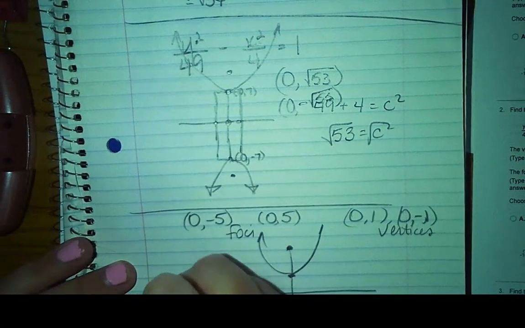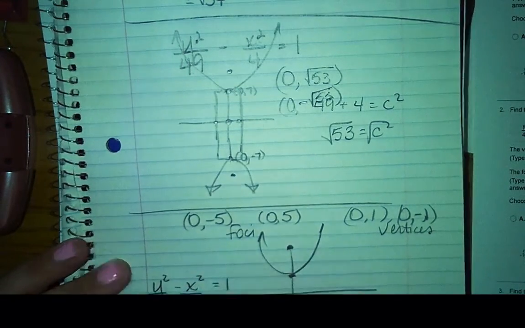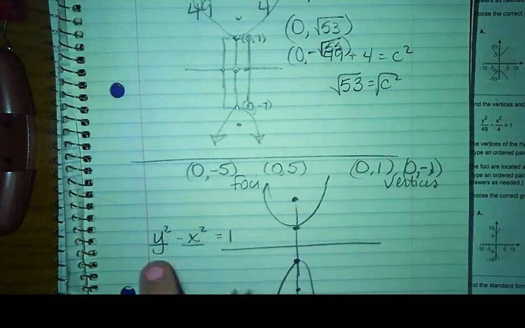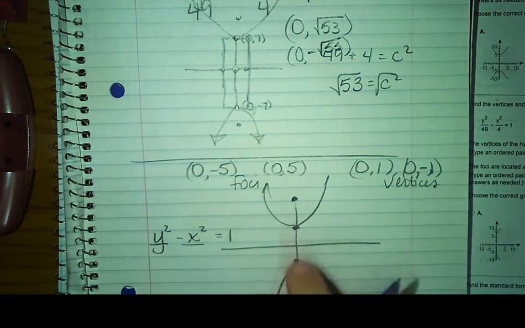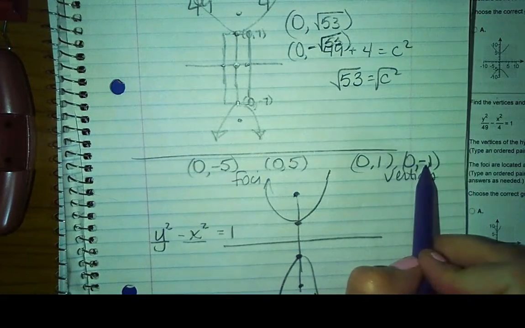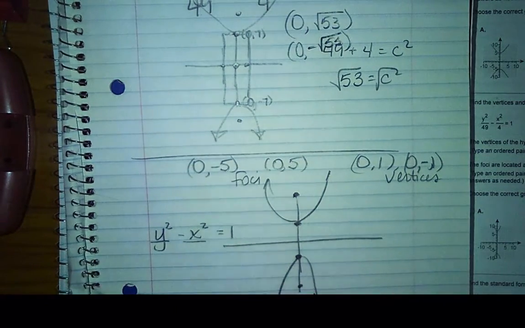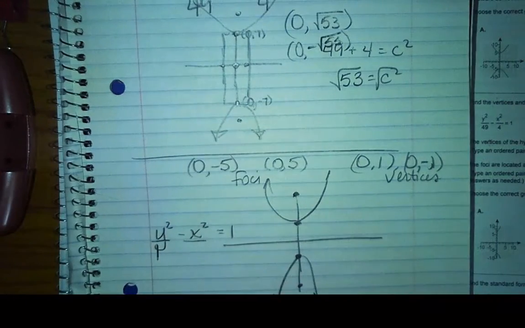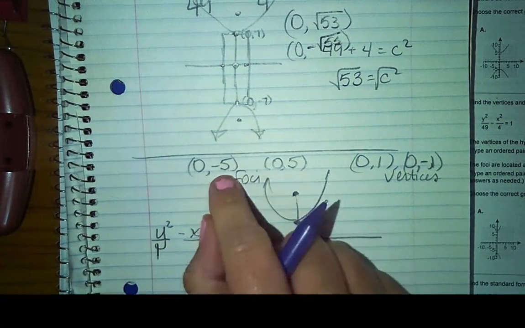So I got y squared minus x squared equals 1. And I need to know how far up and down I went. For the vertices, I went up and down 1, so I square it, and this is a 1. How far up and down did I go to get to the foci? I went up and down 5.